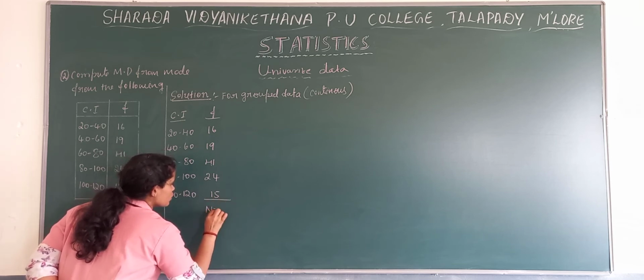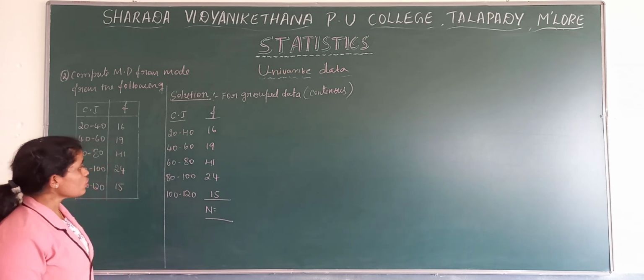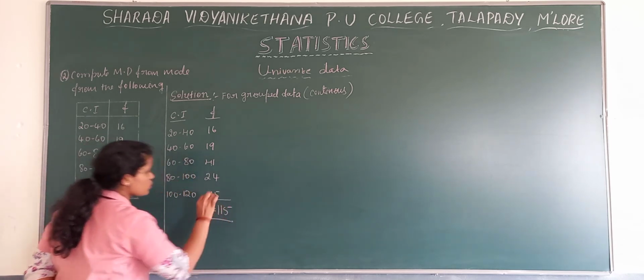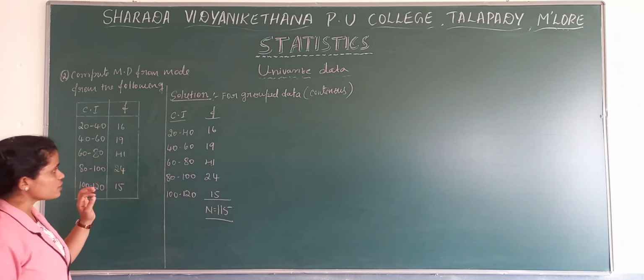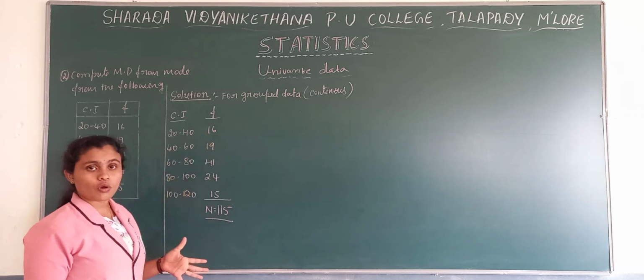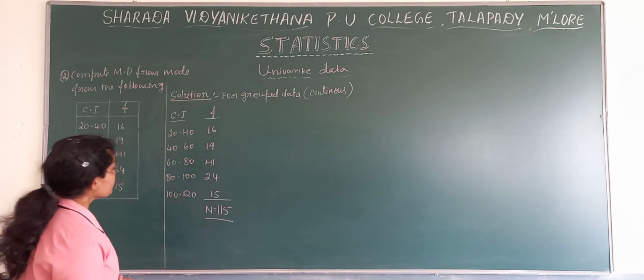Now firstly we will see the total number of frequencies. When we total it, we get 150. Now we will find the mode for this data. To find the mode, first we need to define the modal class. See which is the highest frequency here.